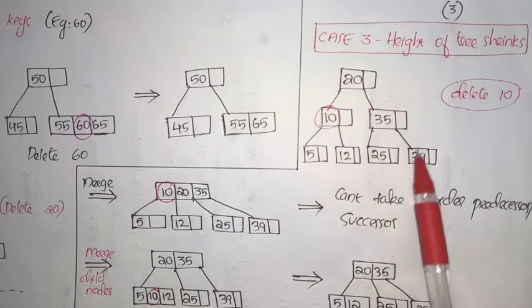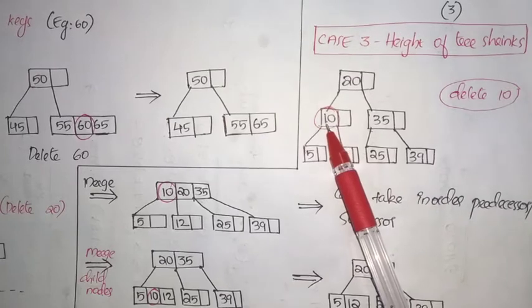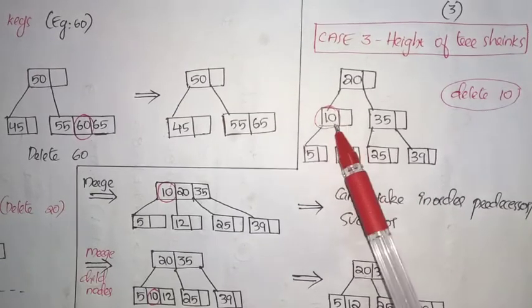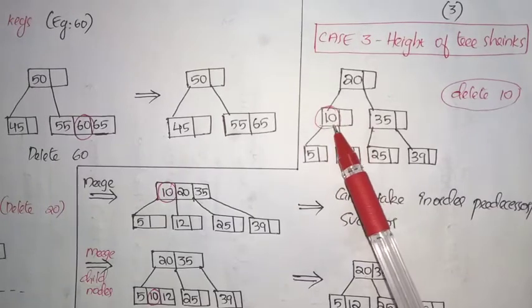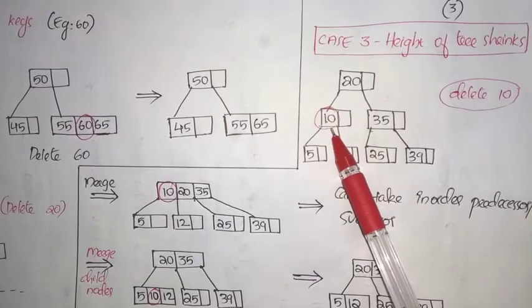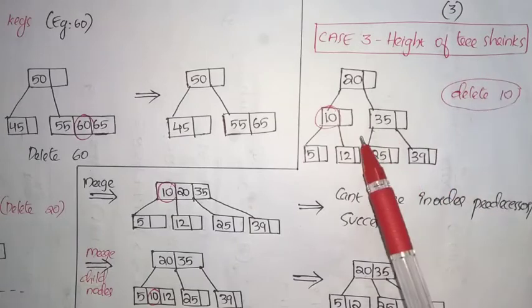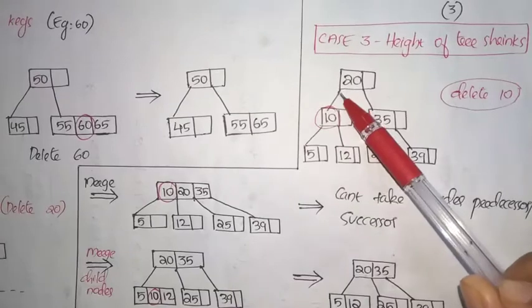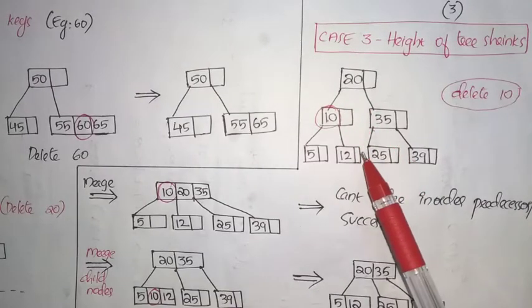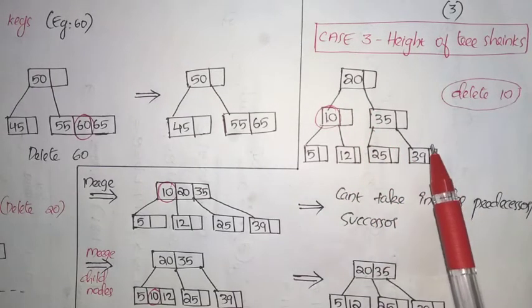Suppose in this specific tree, I have to delete this key value 10. We know that if we directly delete this 10 from this specific node, the height of the tree will shrink, right? Because this 5 and 12 will move upwards. So the height of the tree will shrink and it will totally violate the B tree condition.